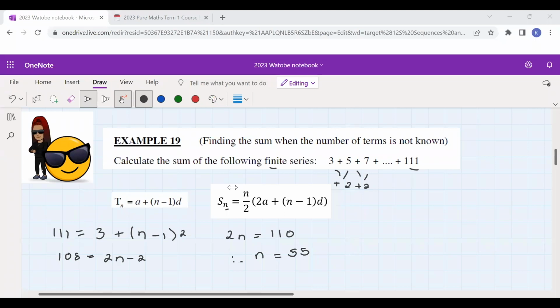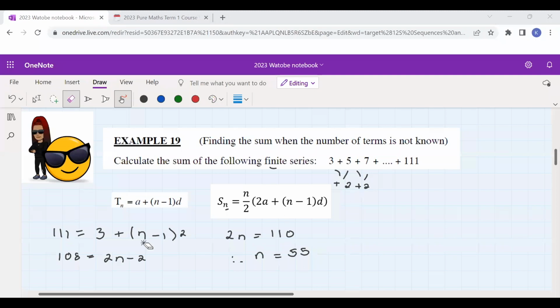Do you see that there's no plus and so on? It means 111 is the end of this series. So we use 111 because we want to know where this series ends, right? Does this series end at term number 10, term number 50? We use 111 to get n. Do we understand?